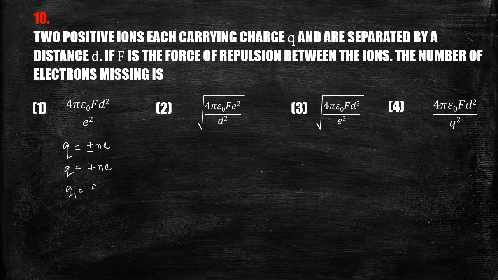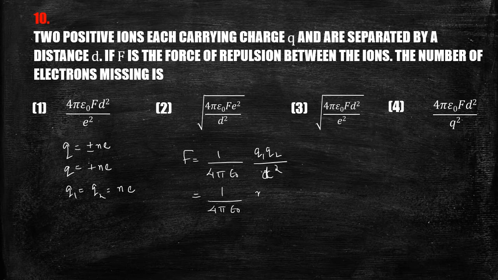Since both of the charges are of equal magnitude, we can say Q1 is equal to Q2 is equal to Ne. Therefore, by Coulomb's law, F is equal to 1 by 4 pi epsilon 0 into Q1 Q2 divided by r squared. Here d squared is the distance. That is 1 by 4 pi epsilon 0 into Ne into Ne divided by d squared. That is F is equal to 1 by 4 pi epsilon 0 into N squared E squared divided by d squared.